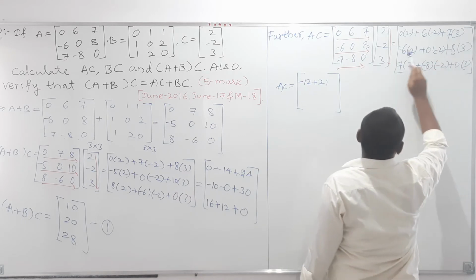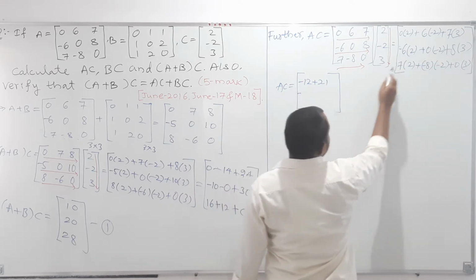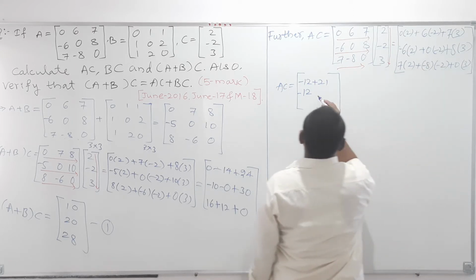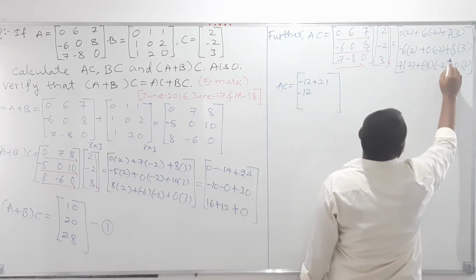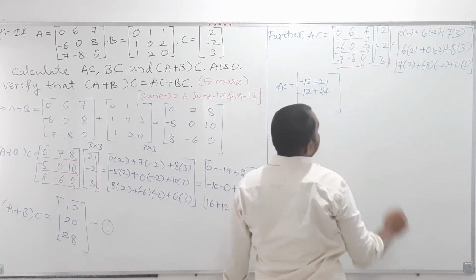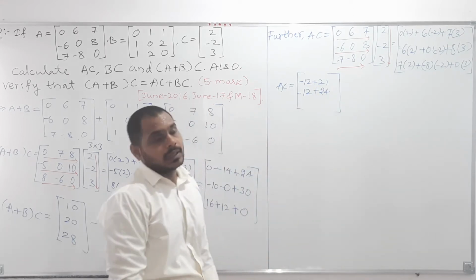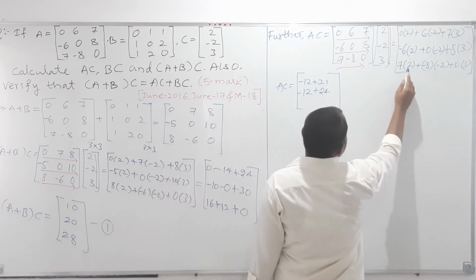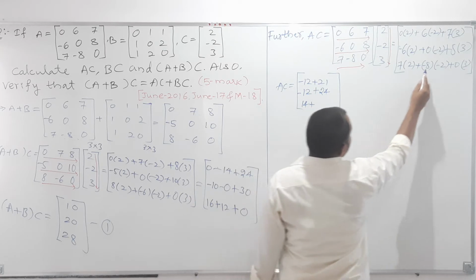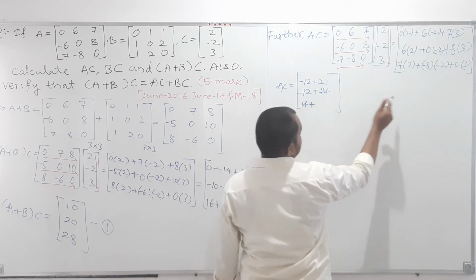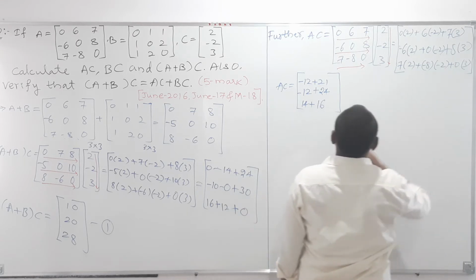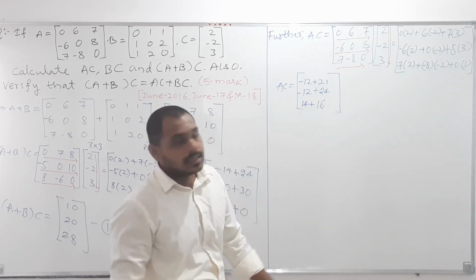Next, plus minus 6 2s are 12, plus 0 into 2 is 0 only, leave that one, plus 8 3s are 24. Next, my dear students, 7 2s are 14, minus, plus into plus, 8 2s are 16, plus 0 into 3, that is 0. 0 into anything is 0.